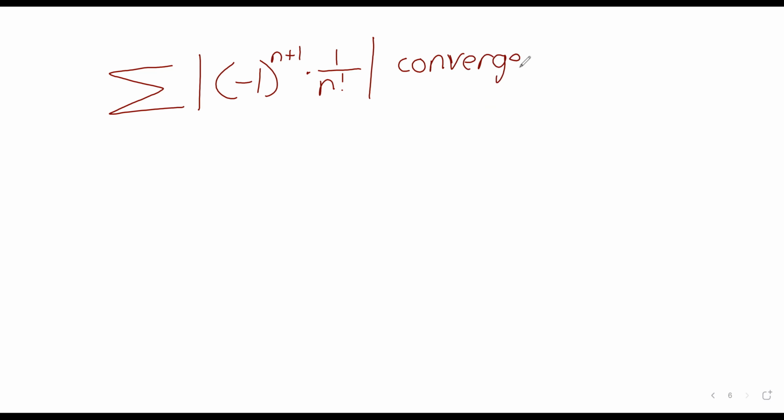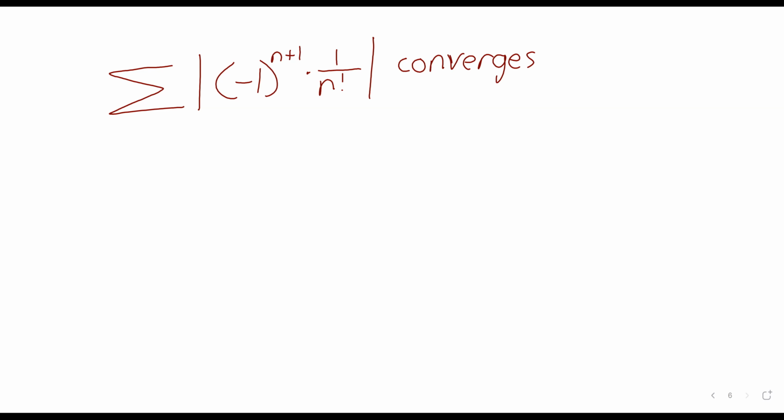So the sum of the absolute value of (-1)^(n+1) times 1 over n factorial, this converges. How do I know it converges? Well, because all that the absolute value does is get rid of negative numbers.